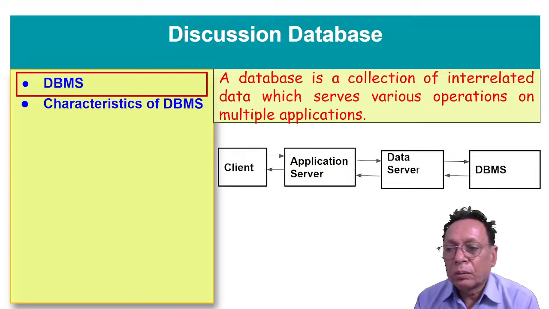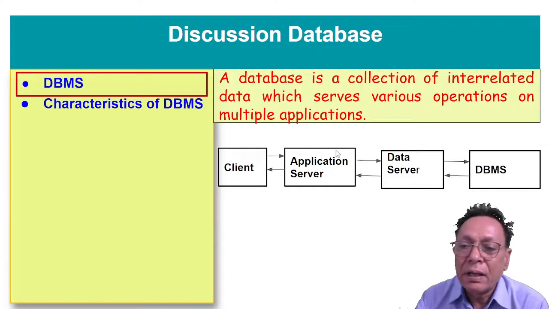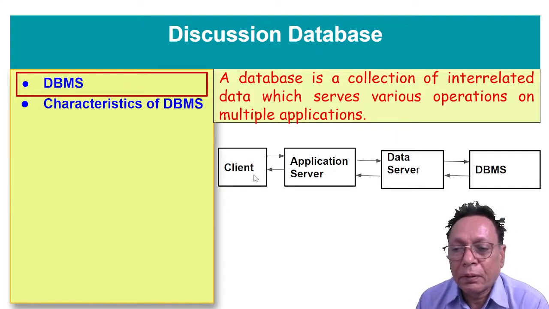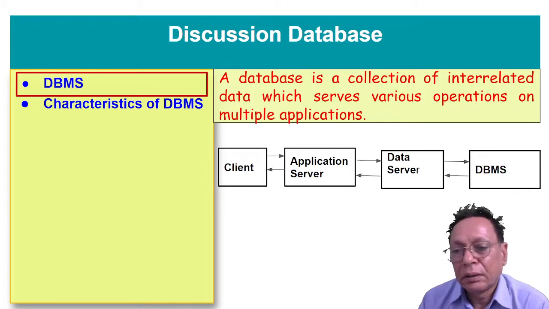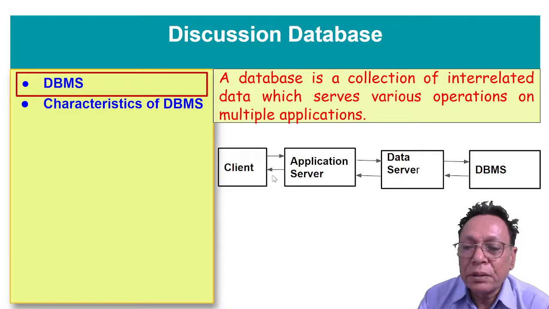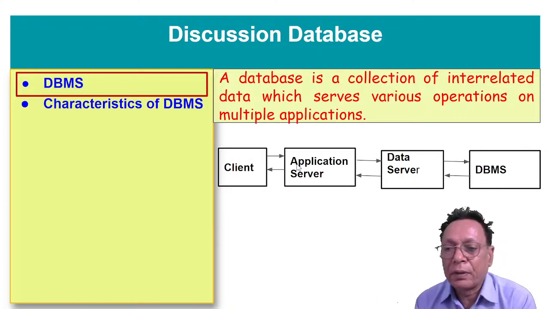So what is the mechanism? Here the client who wants information about something requests it through the application server, the application which the client is using to get the information from the database.